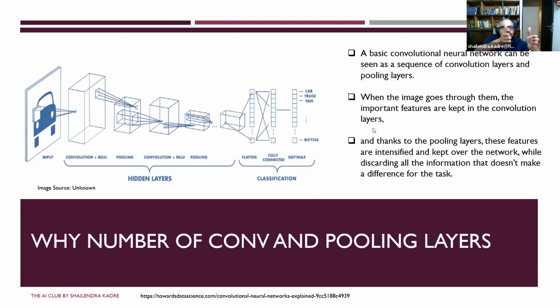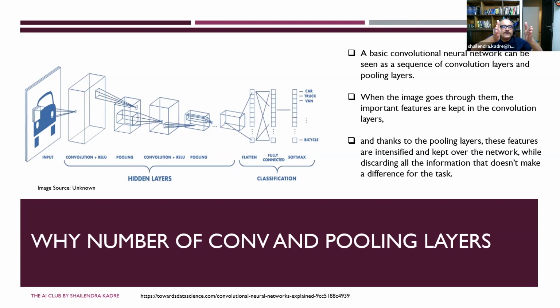Each type of convolution layer extracts one type of feature. Thanks to the pooling layers, these features are intensified and kept over the network, while discarding all the information that doesn't make a difference for the task.